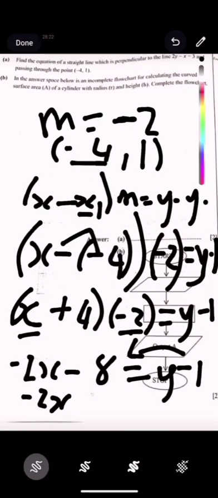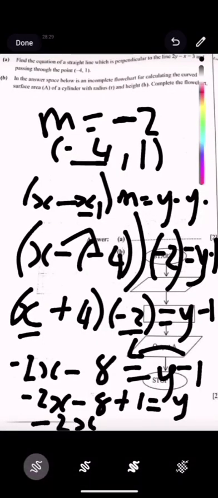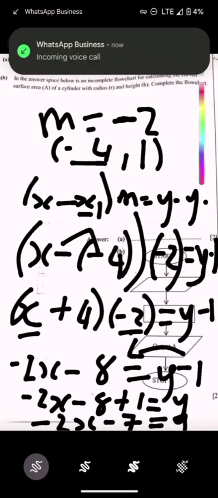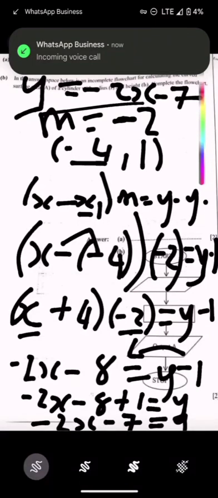Negative 2x minus 8 plus 1 remain with y. So negative 2x, negative 8 plus 1, negative 7 is equal to y. So the final answer will be y is equal to negative 2x minus 7. I've run out of space, but the final answer will be something like this. Y is equal to negative 2x minus 7. This is our final answer.